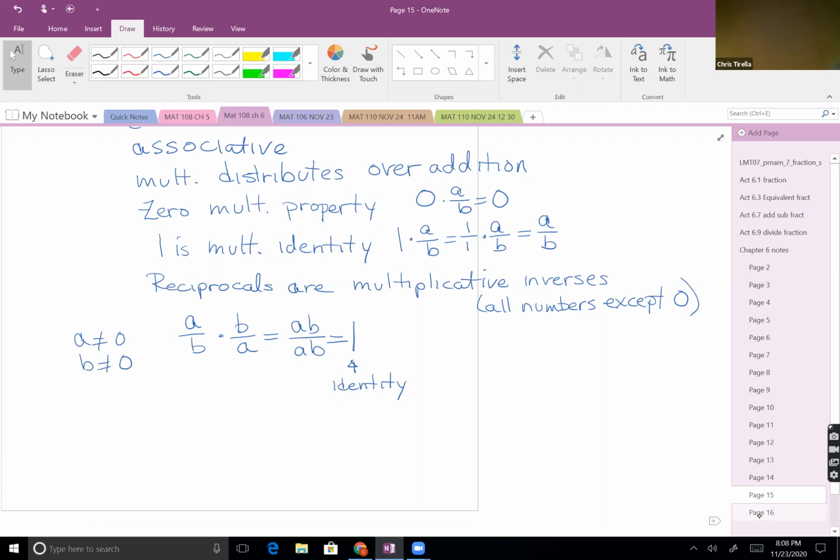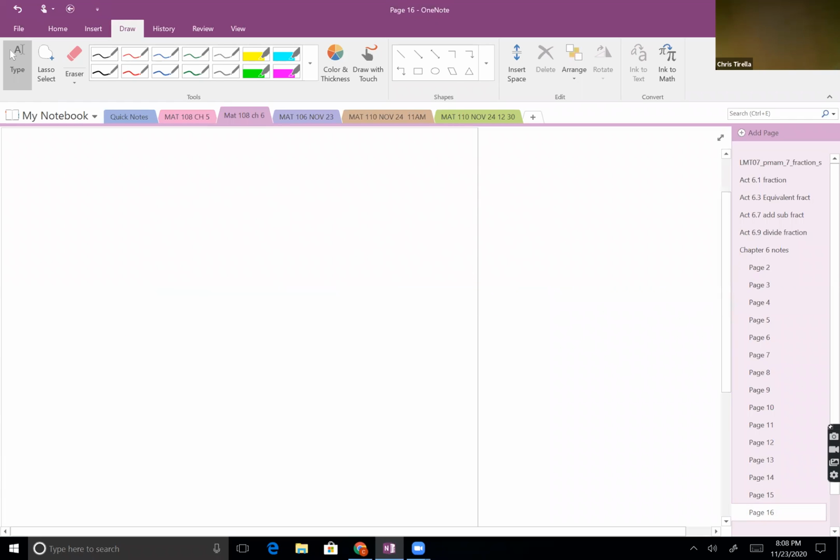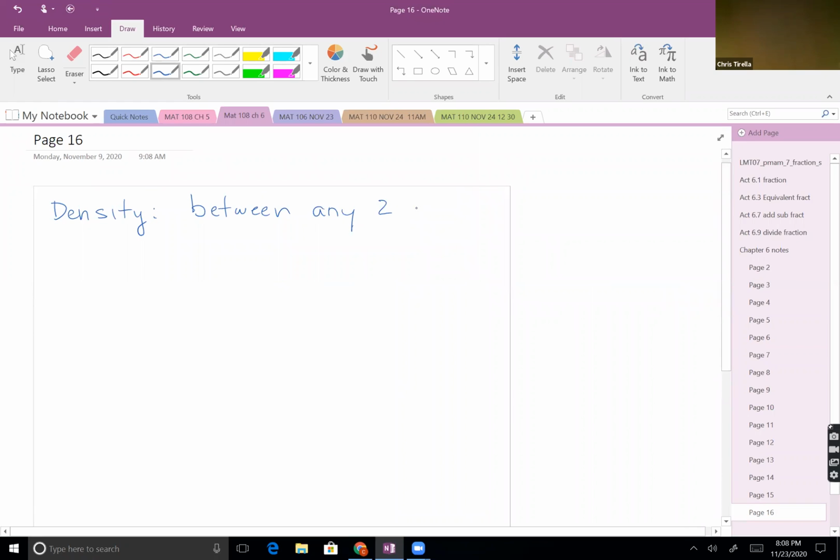We can add the property of density, what we started with today, the idea that between any two rational numbers, there exists at least one rational number.